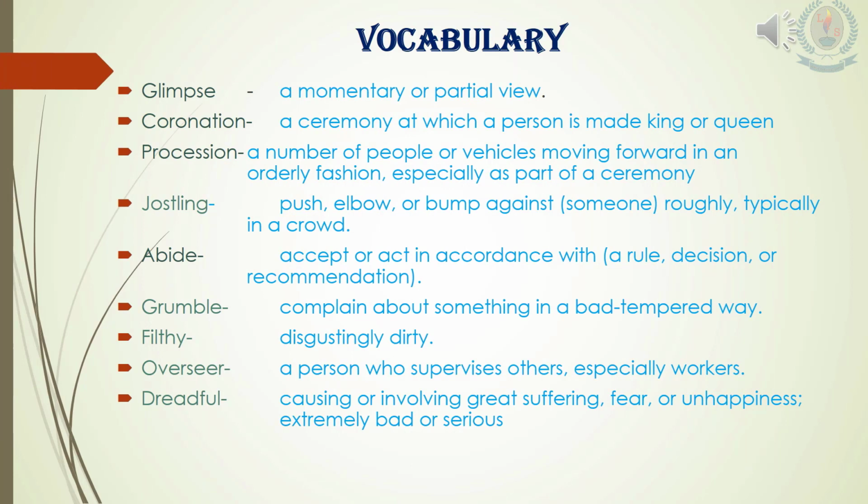Children, let's see the meanings of the difficult words. Glimpse: a momentary or partial view. Coronation: a ceremony at which a person is made king or queen. Procession: a number of people or vehicles moving forward in an orderly fashion, especially as part of a ceremony.